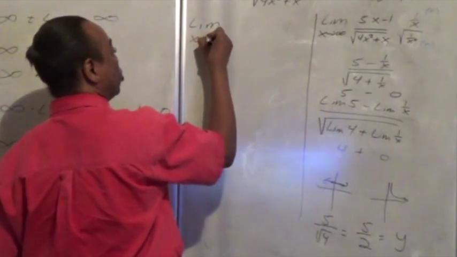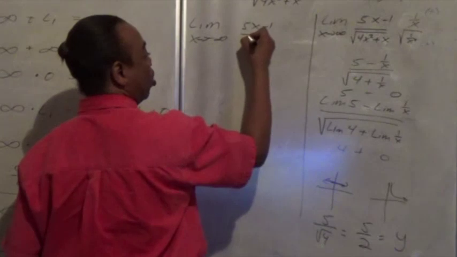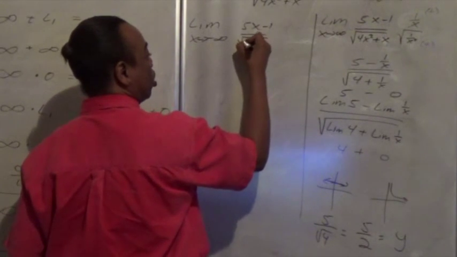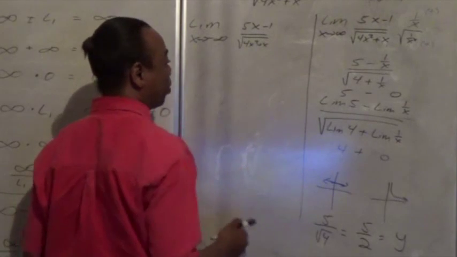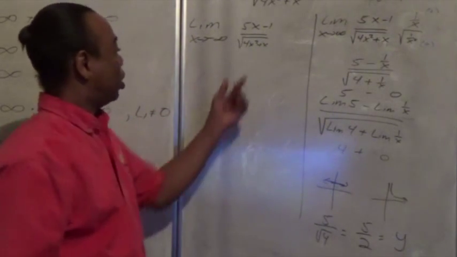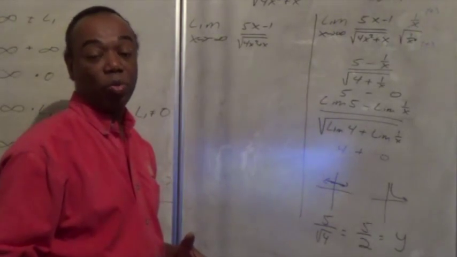The limit as x goes to negative infinity of 5x minus 1 all over the square root of 4x squared plus x. Okay, so the highest degree in the denominator is an x squared with a root.